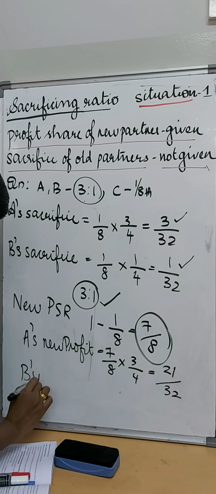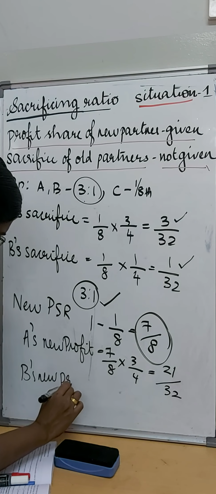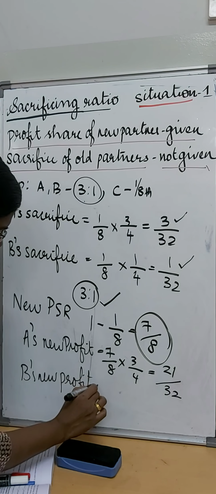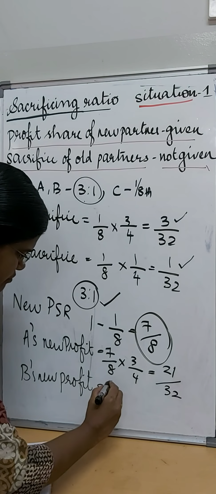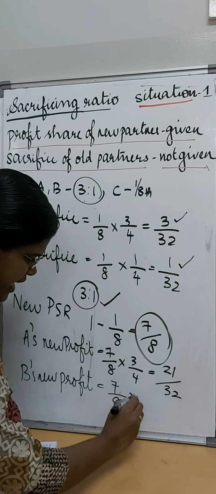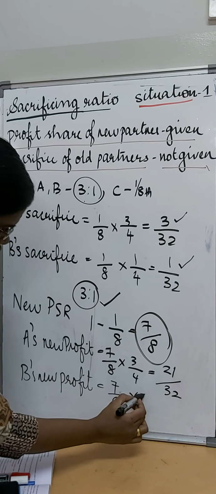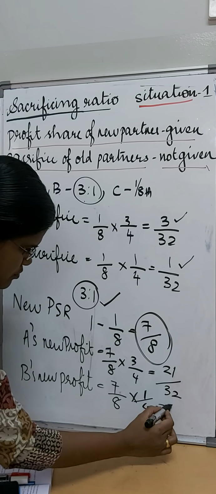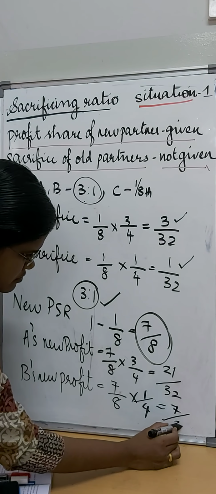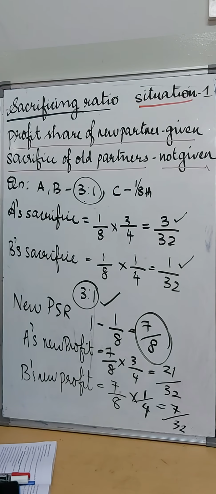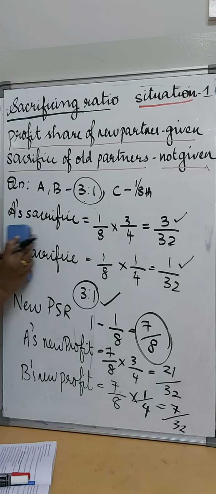And B's new profit will be the remaining 7/8 into 1/4. And the new profit of C is 1/8.